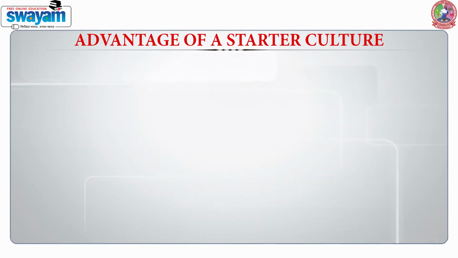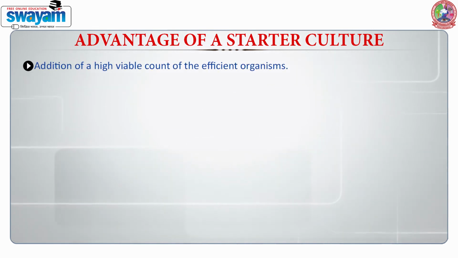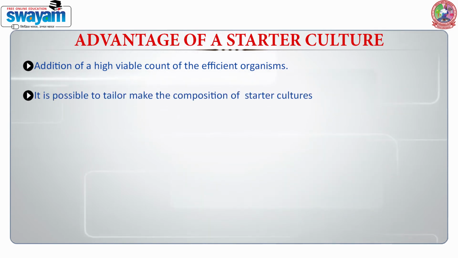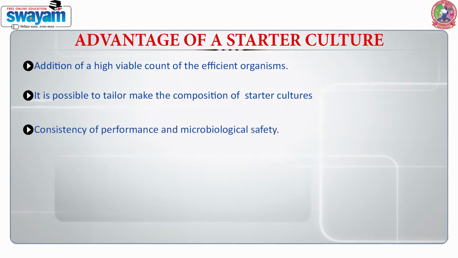Now, let us look at what the advantages of a starter culture are. The most important factor is the high viable count of an efficient organism. It is also possible to tailor make the composition of the starter culture, improve the consistency of its performance, and also impart microbiological safety.